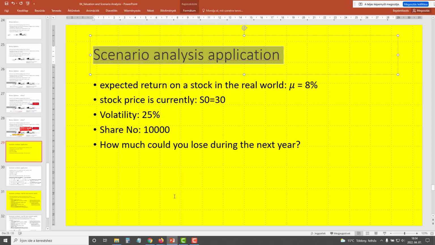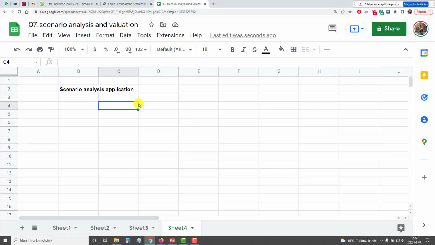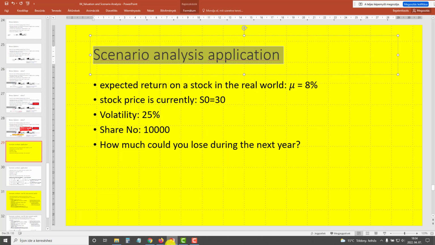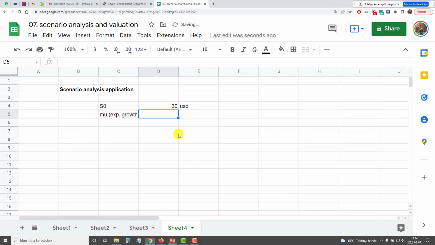So let's move forward, and let's start with a 0 because 30 US dollars. Then we have the mu, expected growth rate, and this is expected return, doesn't matter. Yep. 0.08.